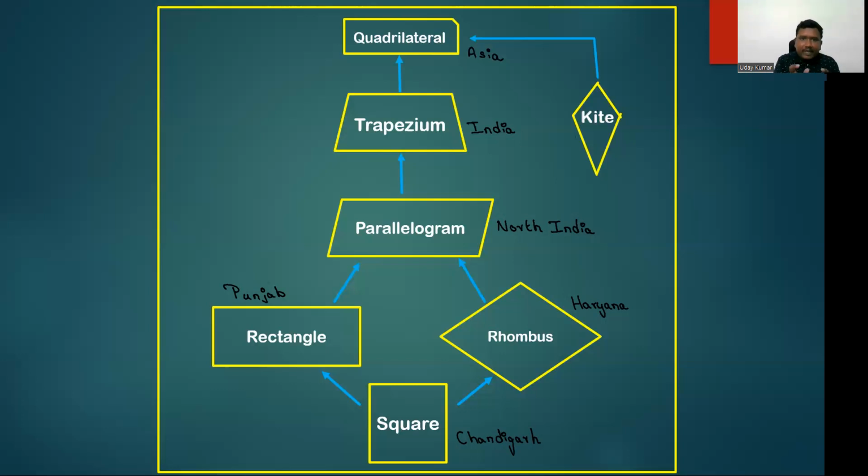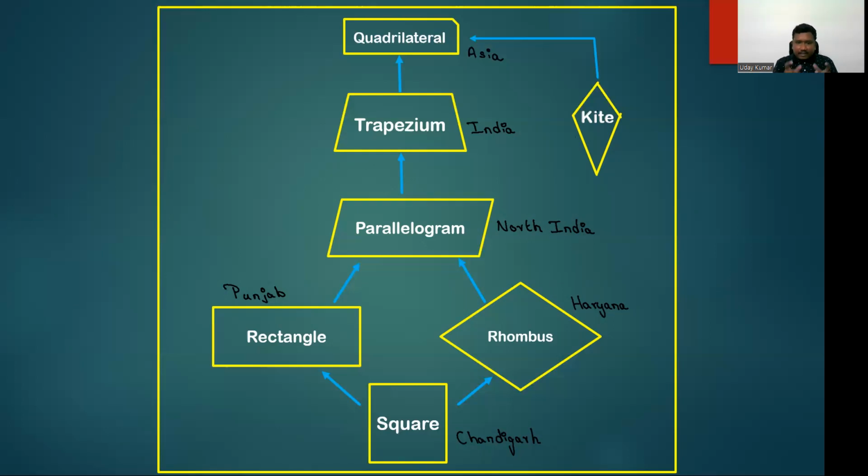Similarly, if it is a parallelogram, then definitely it's a trapezium, definitely it's a quadrilateral. Suppose I mentioned the rhombus as Haryana. If you are in Haryana, or a person who belongs to Haryana, then clearly we can say that you are North Indian, you are an Indian, you are an Asian, right? In the same way, if it is a rhombus, it's a parallelogram, it's a trapezium, it's a quadrilateral. All are true.